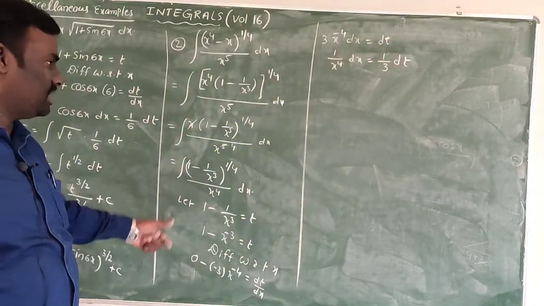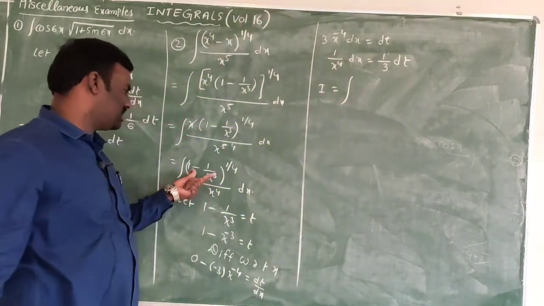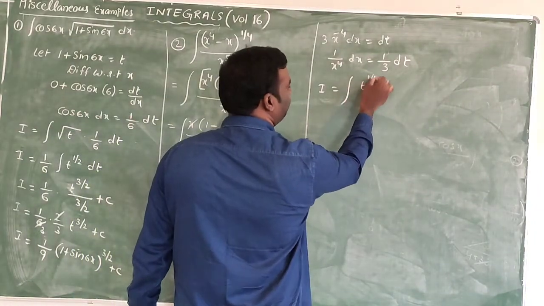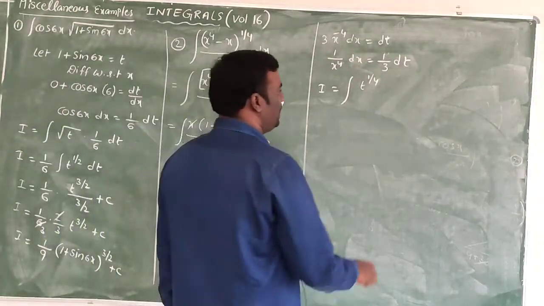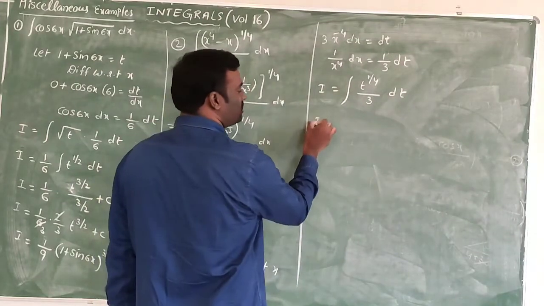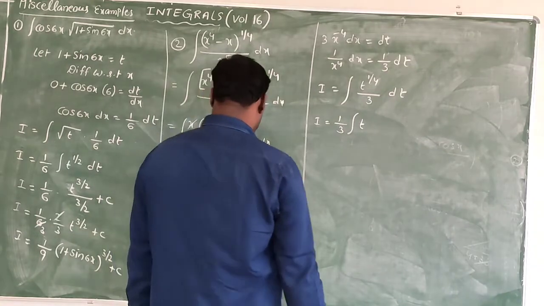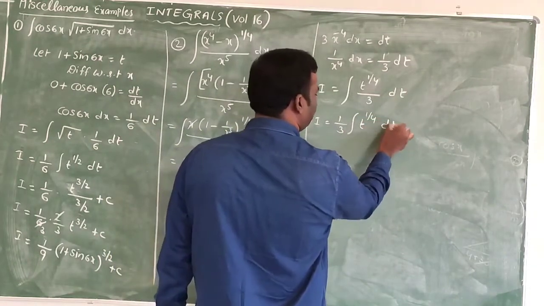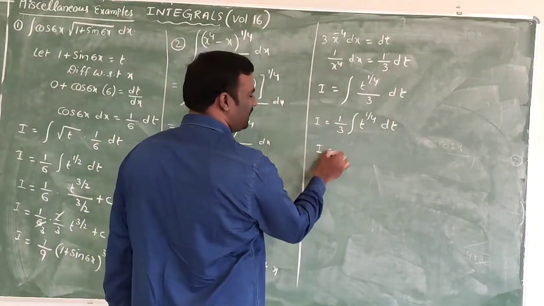Substitute this in the question. Okay, then I equals, this is t, that's why t power 1 by 4, and 1 by x power 4 dx is nothing but 1 by 3 dt. So 1 by 3 constant I will write outside, integral t power 1 by 4 dt. It is in the form of integration x power n, which is x power n plus 1 by n plus 1.